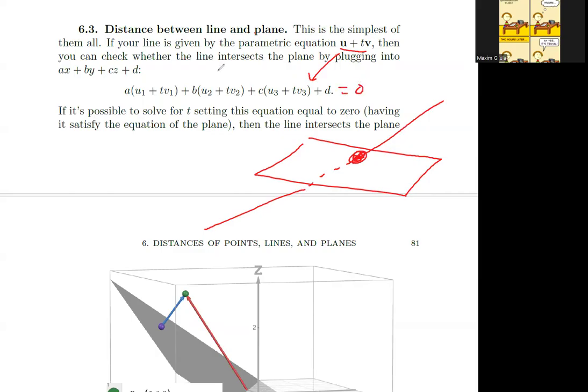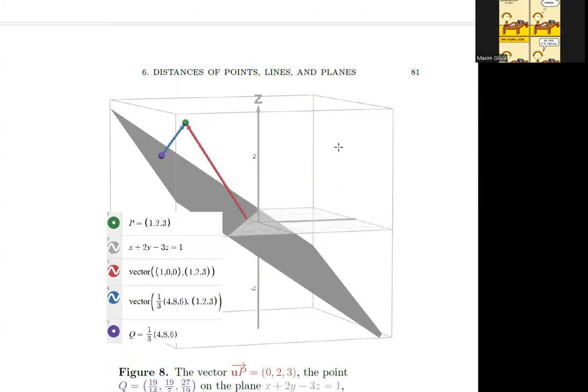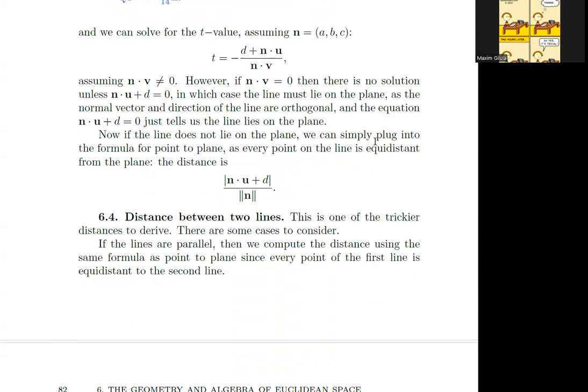If this equals 0, then there's a solution. So we plug it in, and you could solve for t. So t is minus d plus n dot u over n dot v if you solve for everything above with the u1, u2, u3, v1, v2, v3. This is assuming n dot v is not 0.